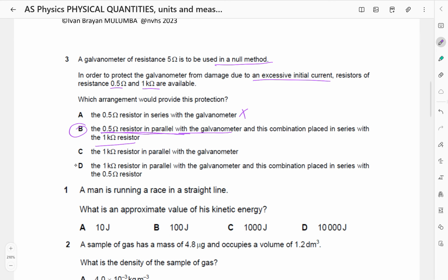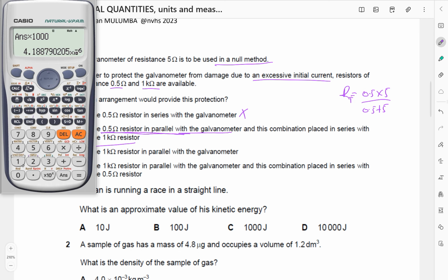Because for parallel combination, total resistance is product over sum. We can even check. So we shall have here 0.5 times 5 over 0.5 plus 5.